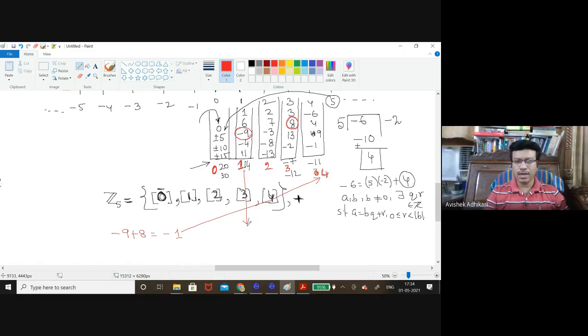So add 1 plus, you have taken 8 and the leader was 3. And that surprisingly gives the same result, 4. And this minus 1 belongs to this 4. That means instead of disturbing each of these elements from this bucket, it is sufficient to consider only the leaders and define the addition among the leaders, and that will be all.